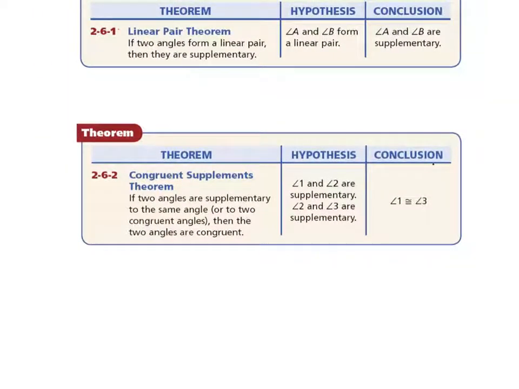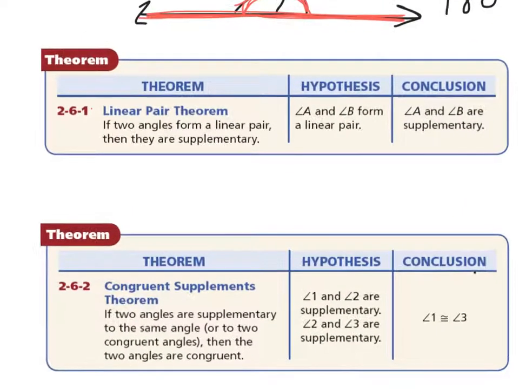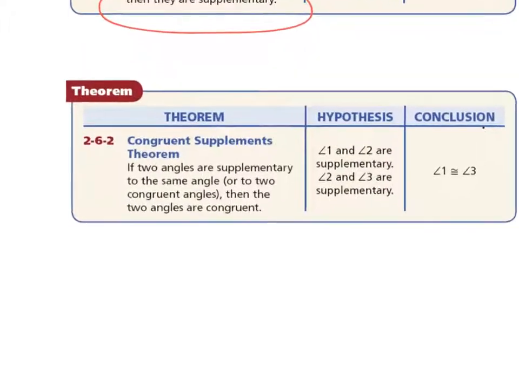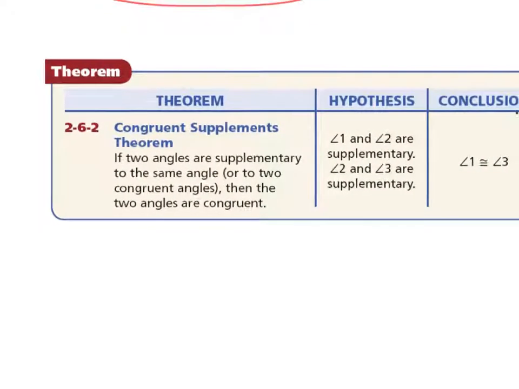Let's look at the next theorem. Congruent supplements theorem. You don't necessarily have to memorize all the words, but you have to know how to apply them, which we'll go over examples where we apply them, okay? So what does the word congruent mean? The same. What does the word supplements mean? They add to 180.